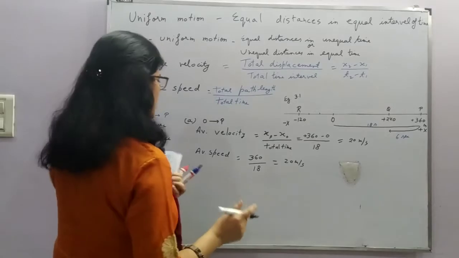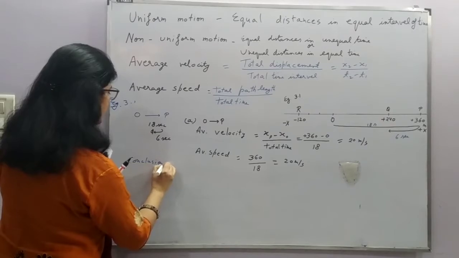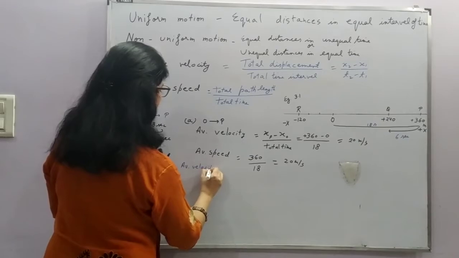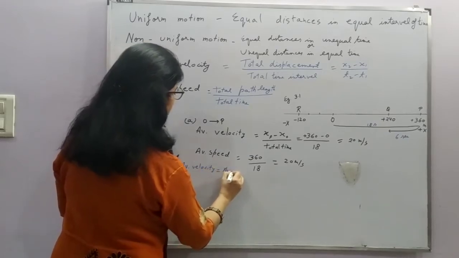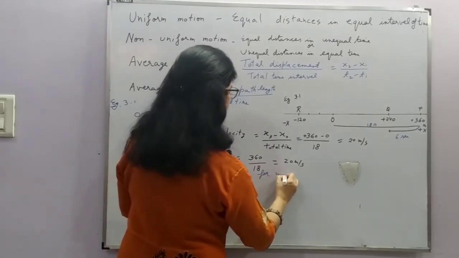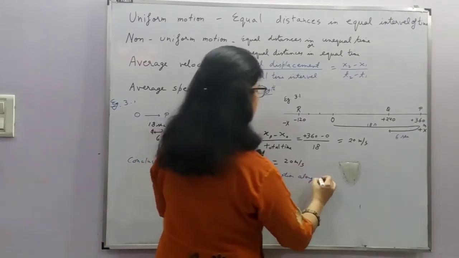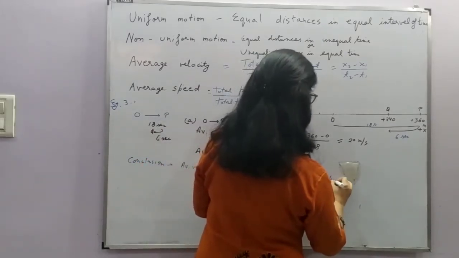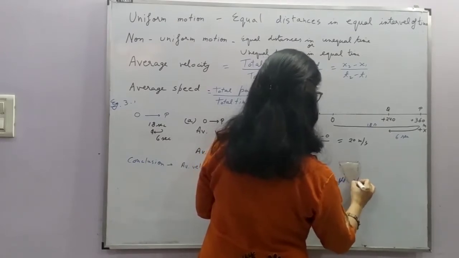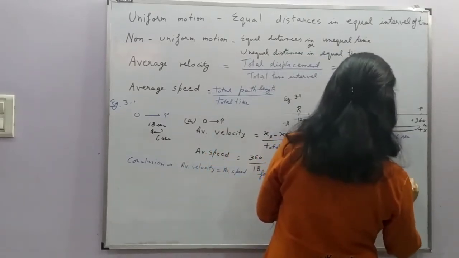So this is average velocity and this is average speed. From here, one important conclusion on the basis of this part is that average velocity is equal to average speed for motion along a straight line in one direction.